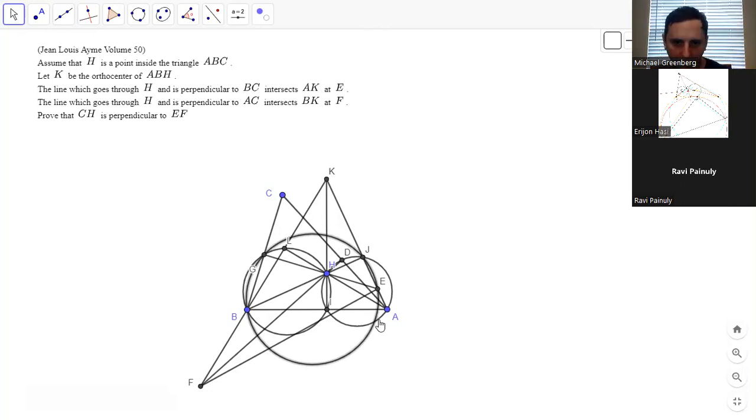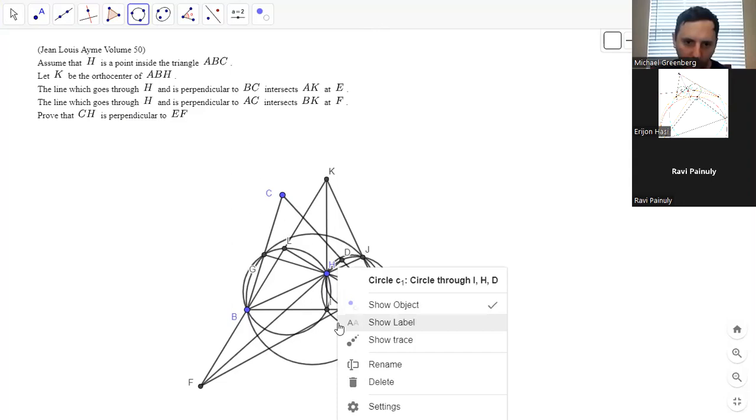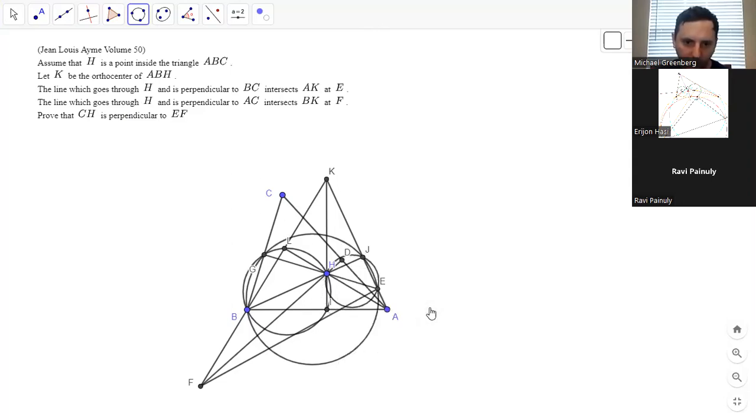But I don't want to have to create this point. So if I draw the circumcircle of JEH, you know what? What if I did this? I draw the circumcircle of HJE. So basically it's like the point M that we had before. What if I use the radical axis theorem on these three circles?